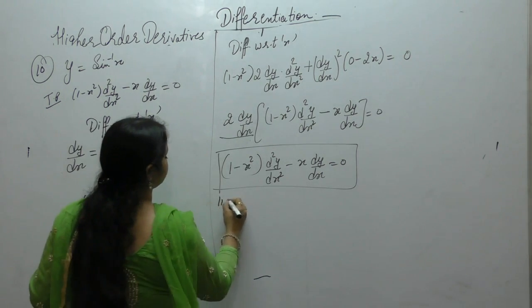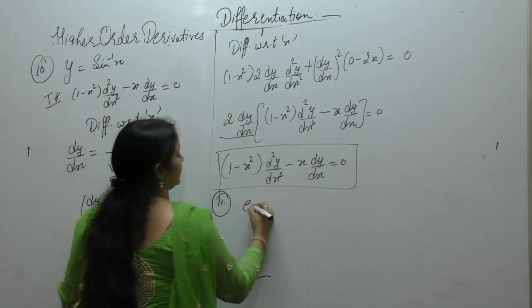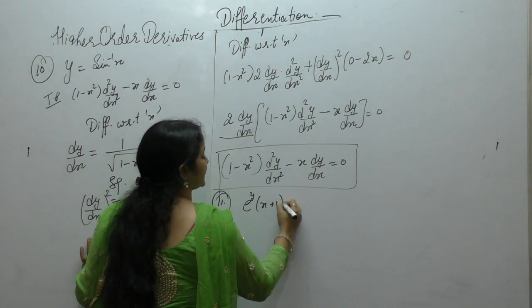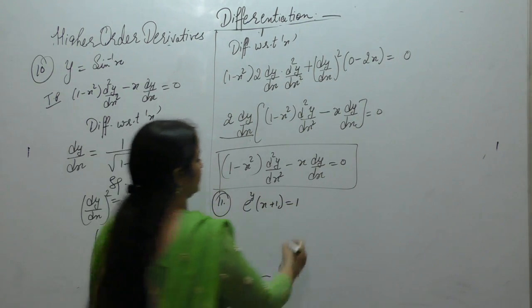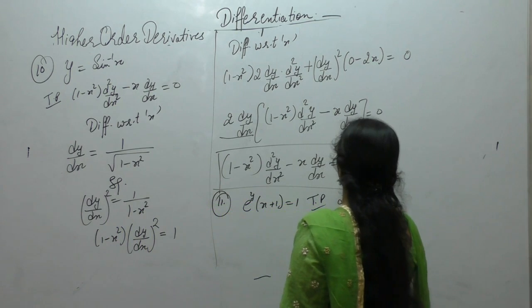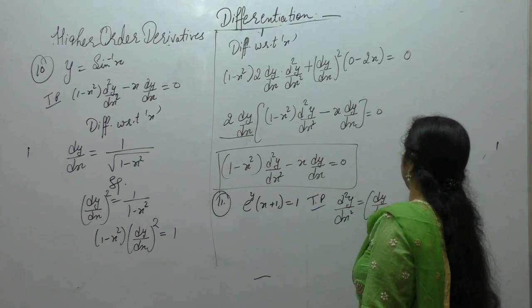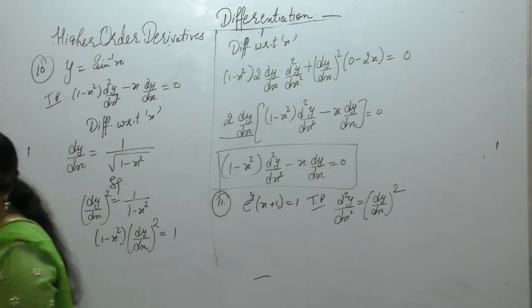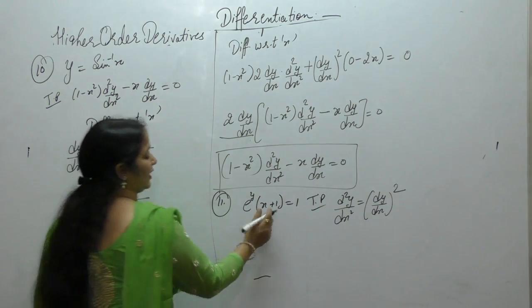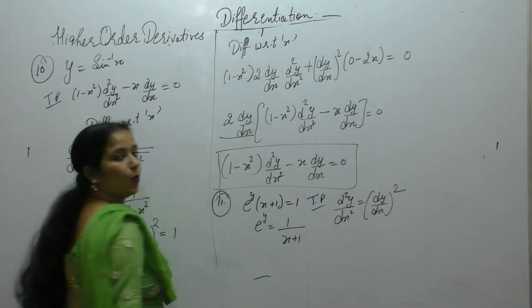Next one is, if e power y into x plus 1 is equal to 1, prove that d square y upon dx square is equal to dy upon dx whole square. We can write this term as 1 upon x plus 1.